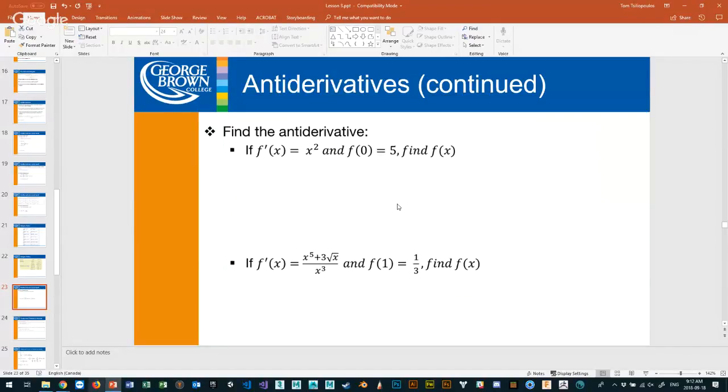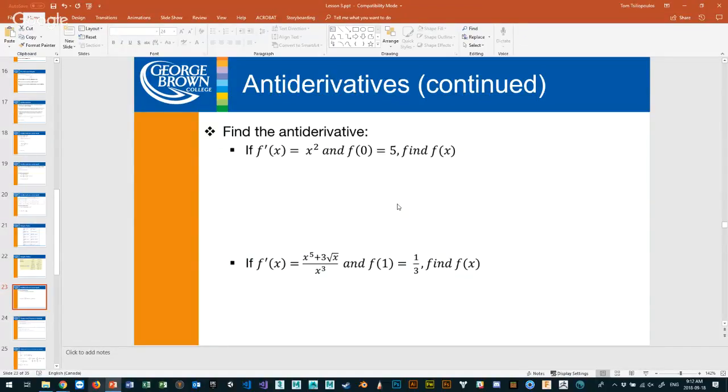Well, that's really the c, isn't it? If the original equation for position is x squared plus c, then when the x value is 0, all we have left is c. And if that is equal to 5, that's your constant.